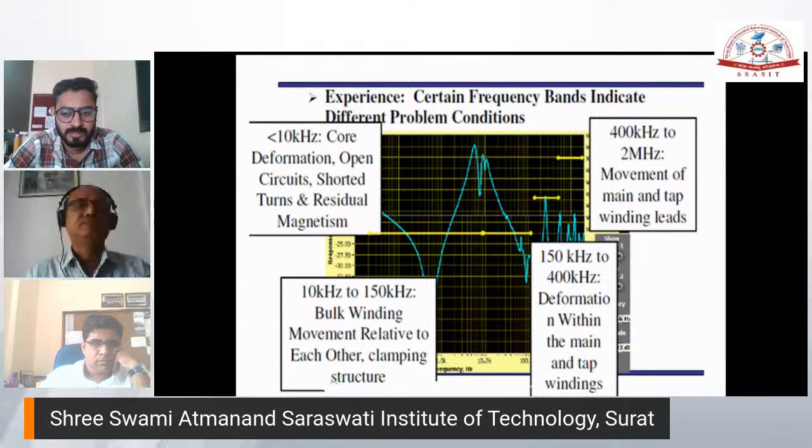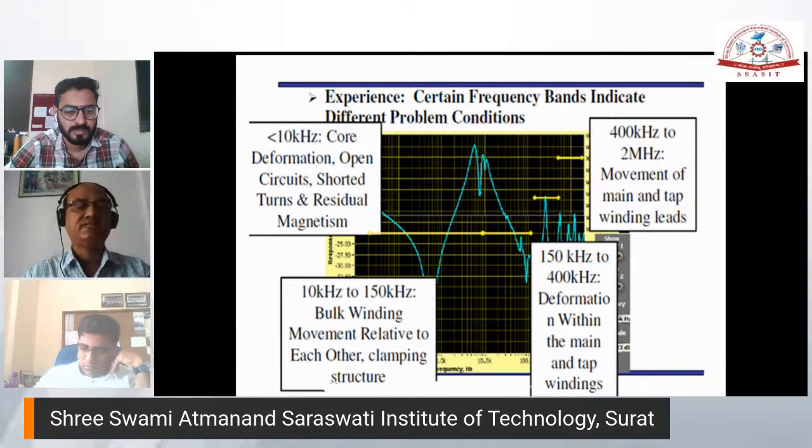Now these different zones are used to identify different types of fault. Four zones are classified, because the range is from 20 hertz to 2 megahertz. The first zone is less than 10 kilohertz. Here core deformations, open circuits, short turns, and residual magnetism will be shown. If there is a variation in the zone from 20 hertz to 10 kilohertz, these are the possible faults. Then 10 kilohertz to 150 kilohertz is another zone, that is the bulk winding.